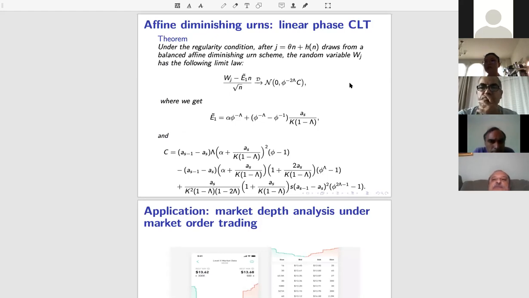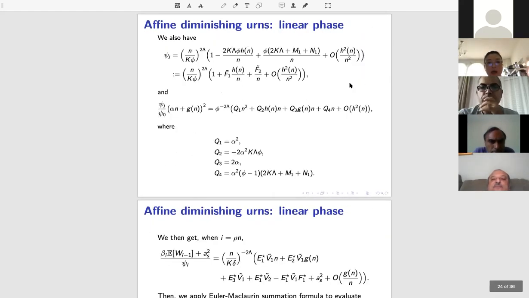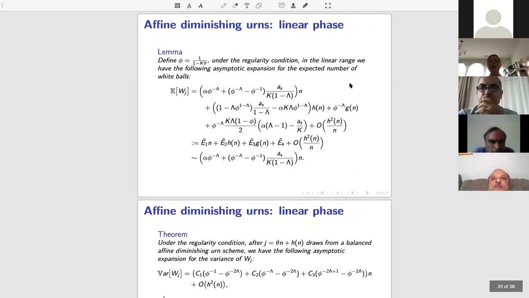So with this phi, the form of the formula will look nice. It's 1 over 1 minus k times theta. So k is the balance factor. Theta is the proportion of the number of draws j we have between this j and n. Okay, thank you.